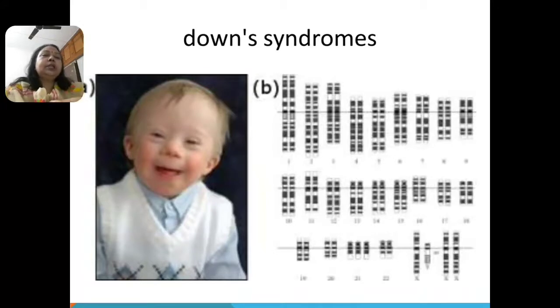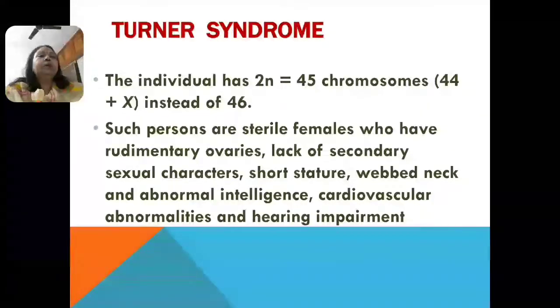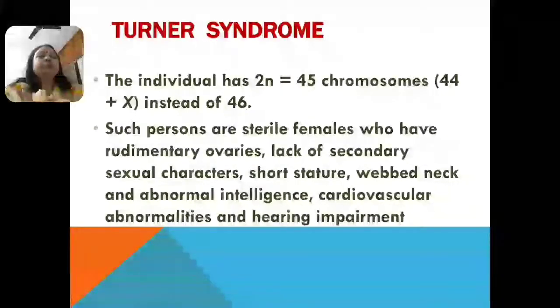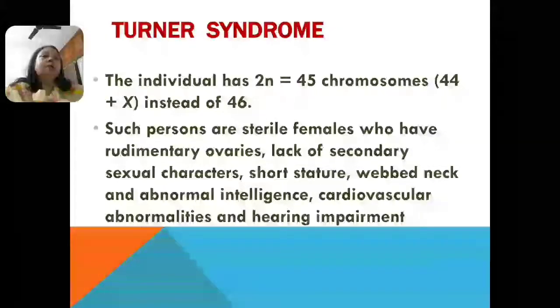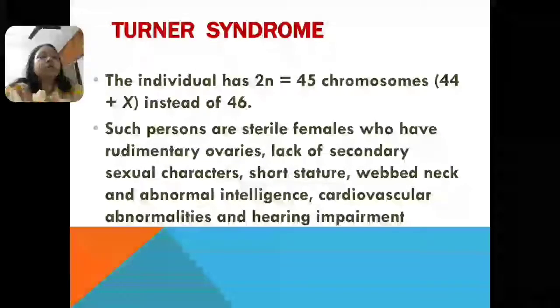In this slide, look at the child. He is suffering from Down syndrome. Down syndrome is due to an abnormality in the 21st pair of autosomes. It is also called Mongolian idiocy.